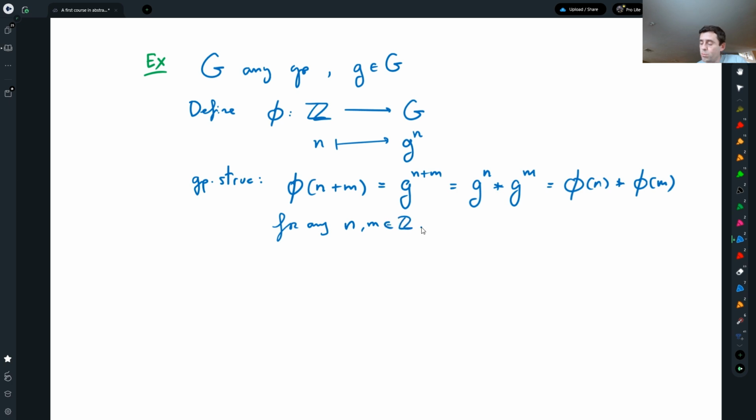So it respects group structure, but it is not always a bijection. However, even if it's not a bijection, it gives us some important information.